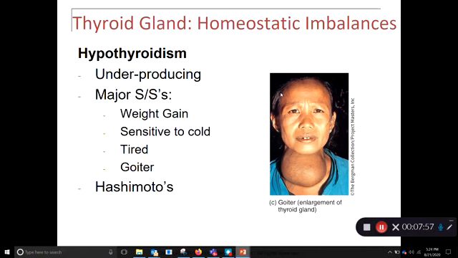You can also be tired. Makes sense. You don't really have the energy. You could also have a goiter. But that's usually associated with iodine deficiency. How that works is your body really, really wants that basal metabolic rate to go up. So it's releasing TSH, it's releasing TRH.